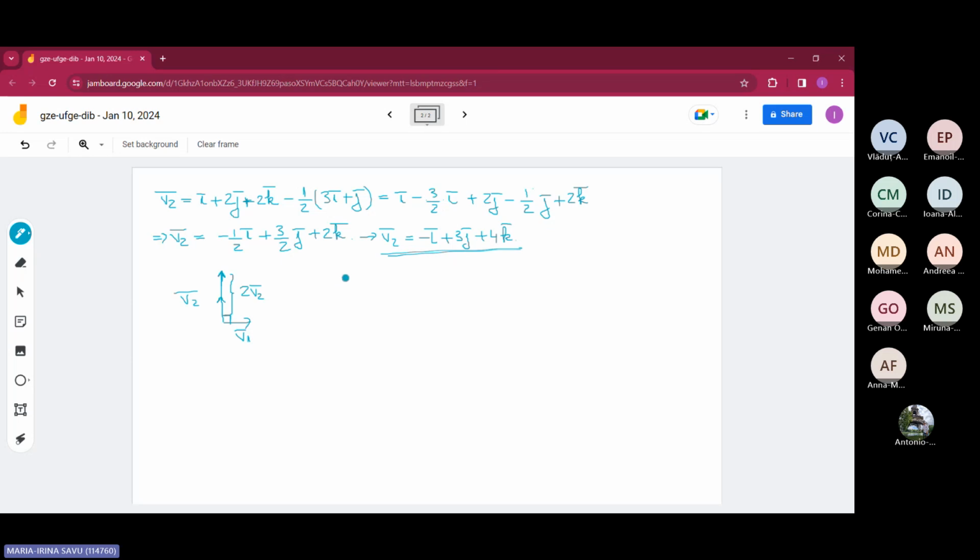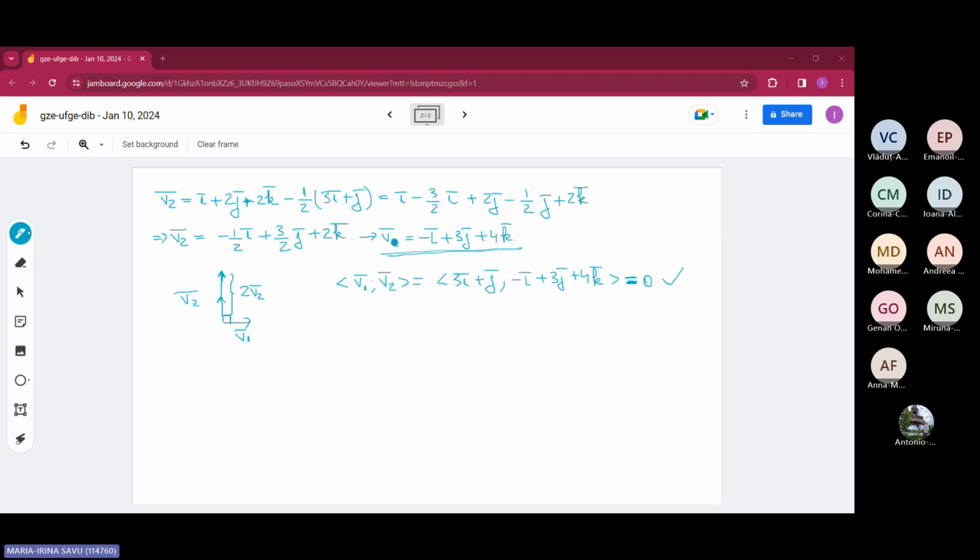If you don't trust me, make the dot product between V1 and V2. V1 is 3i plus j, and this new V2 is minus i plus 3j plus 4k. So you have 3 times minus 1 plus 1 times 3, which is 0. My advice for you is to check each dot product after you find the vector.